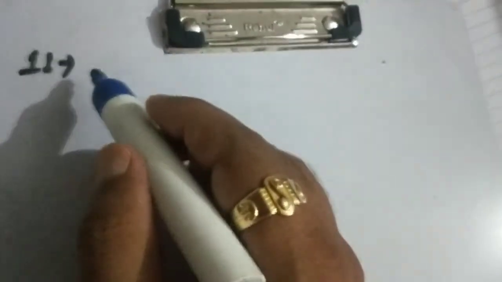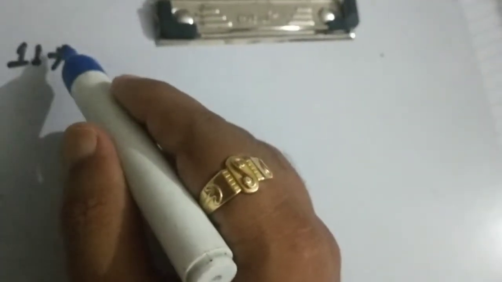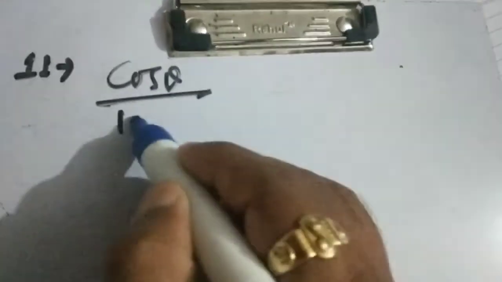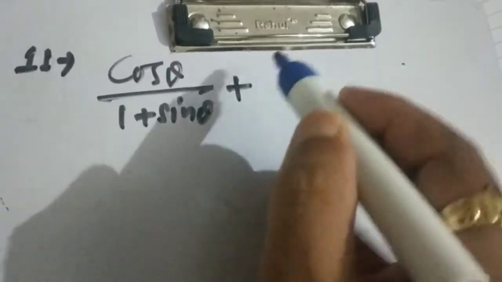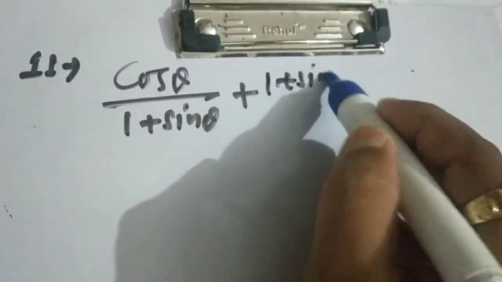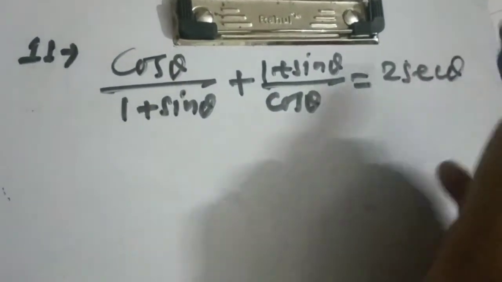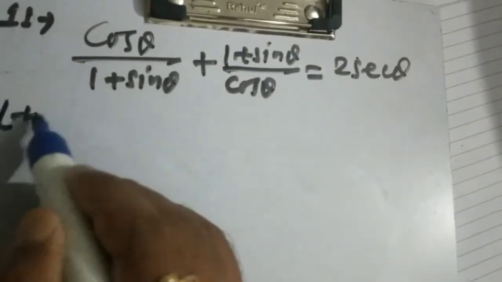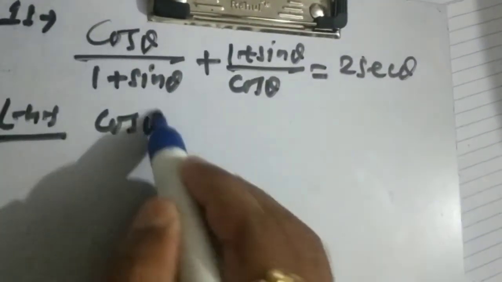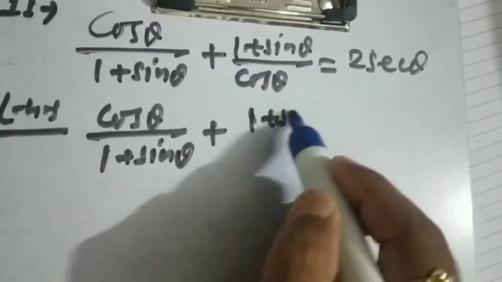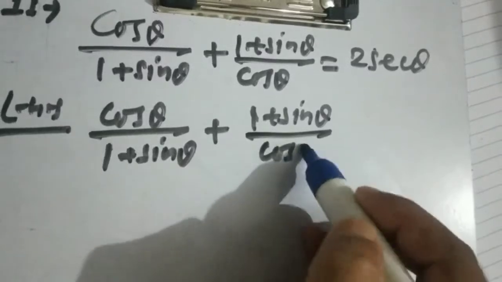Now let us see one question on which question number 11 is based. You can solve question number 11 based on it. We have taken another question here. Cos theta by 1 plus sin theta plus 1 plus sin theta upon cos theta is equal to 2 sec theta. We have to prove it. So LHS is equal to cos theta upon 1 plus sin theta plus 1 plus sin theta upon cos theta.